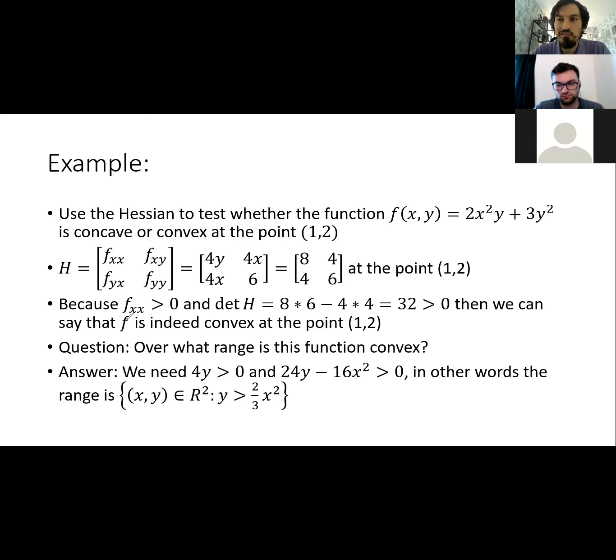And it's always going to be a square matrix? Correct. Hessian matrices are always square. They're always symmetric also. But the determinant might be 0. That's possible too, and you should think of that as the inconclusive case when the determinant is equal to 0.